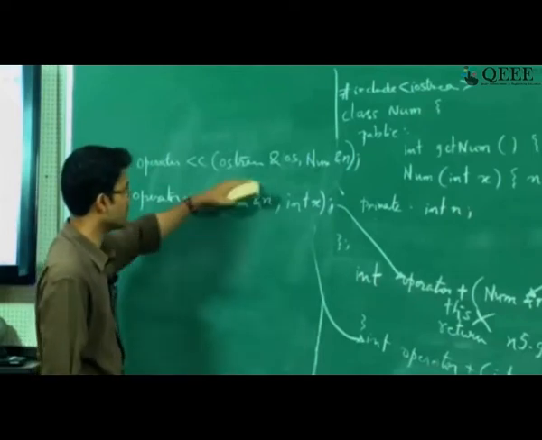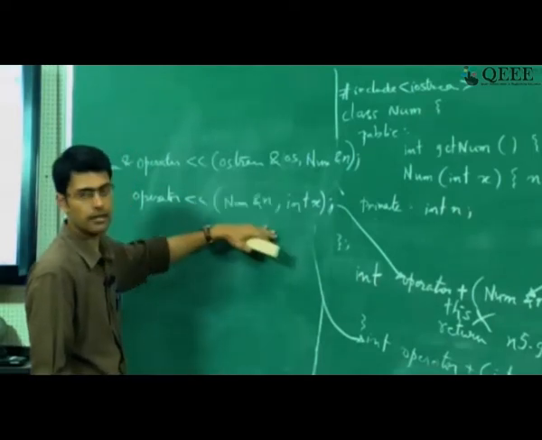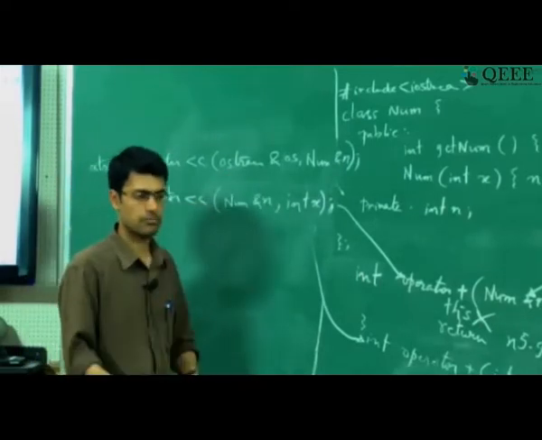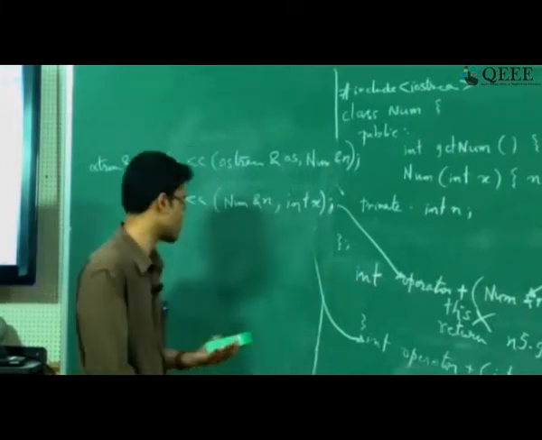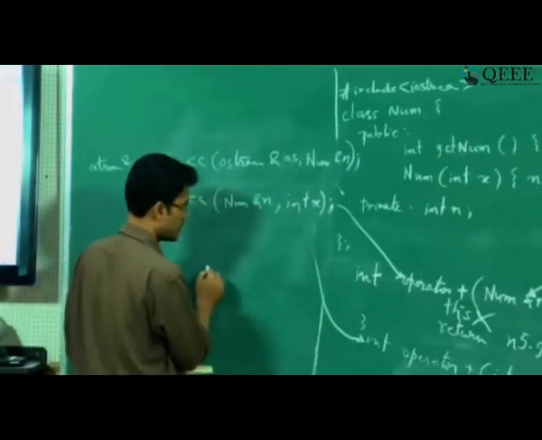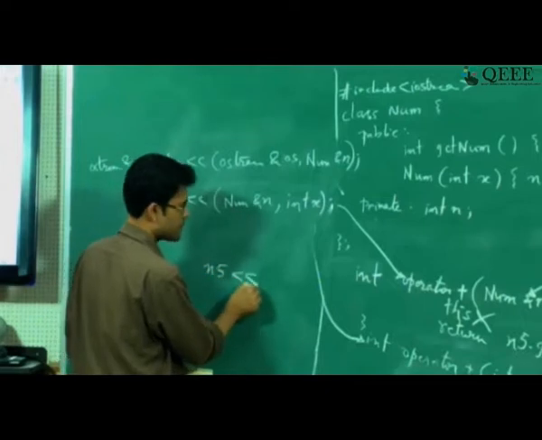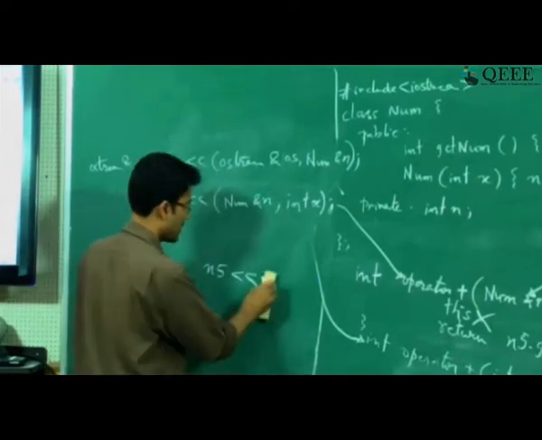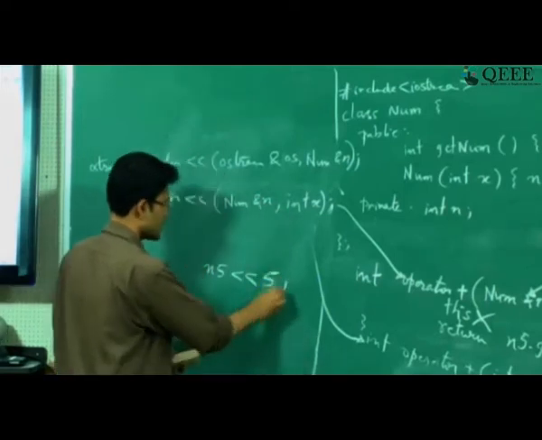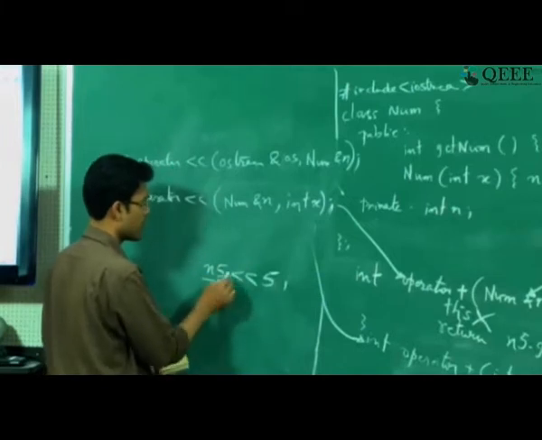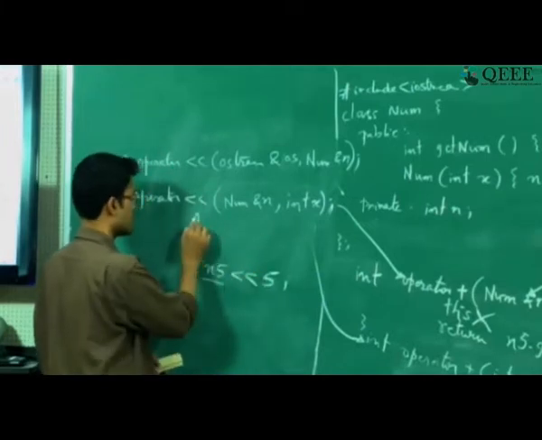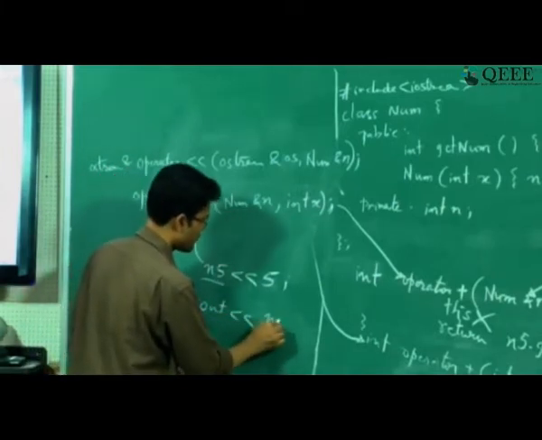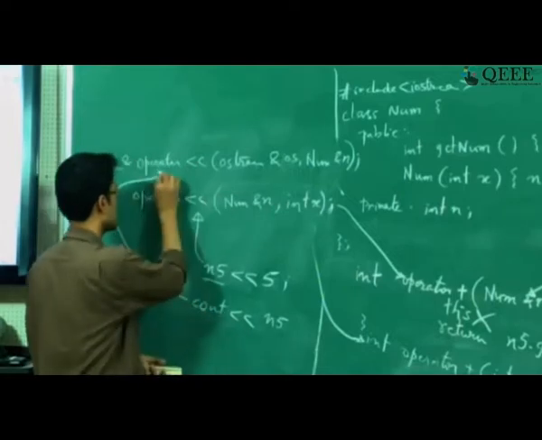If you look at these two, the types are really very different, and if the types are different, then the compiler has full information as to which function is going to get called. If you have N5 left shift 5, then I precisely know that this is of type num and this is of type integer, so this is the one that is getting called. If I have cout left shift N5, then I precisely know that the other one is getting called.